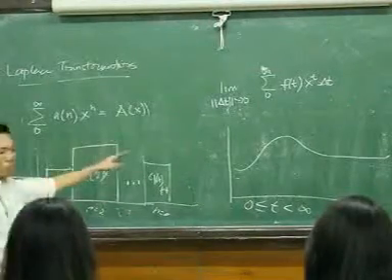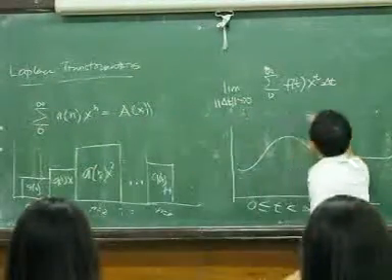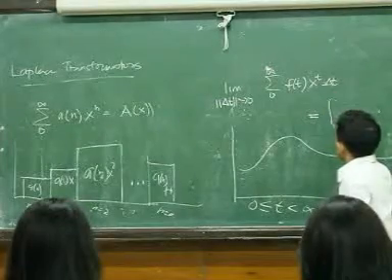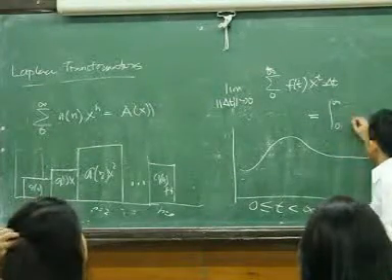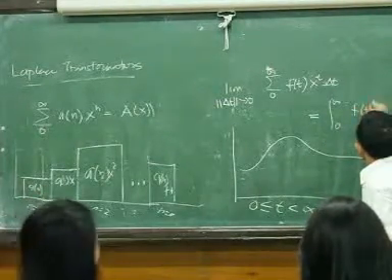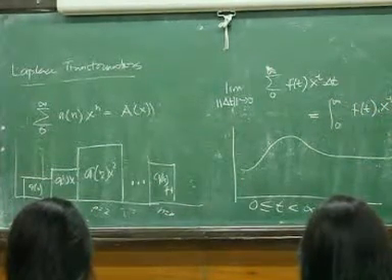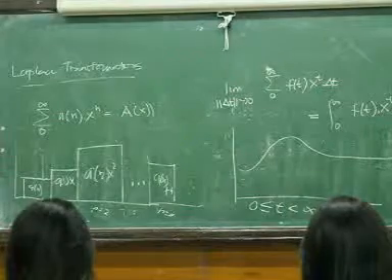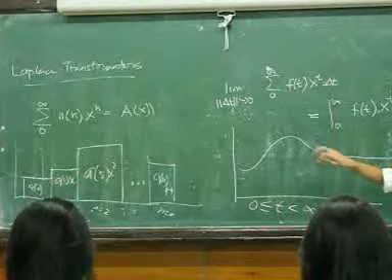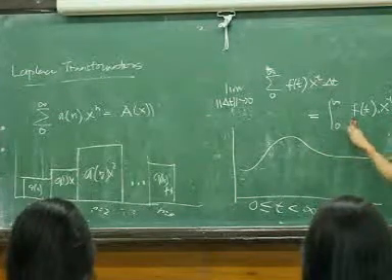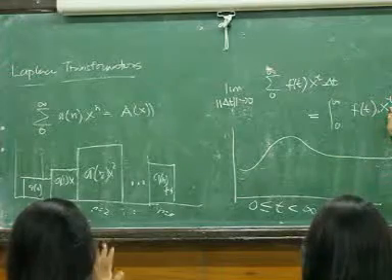So this is equivalent to saying that this function is the integral from 0 to infinity of f of t, x raised to t, dt. What I did here is I just changed the a to f and the n to t.